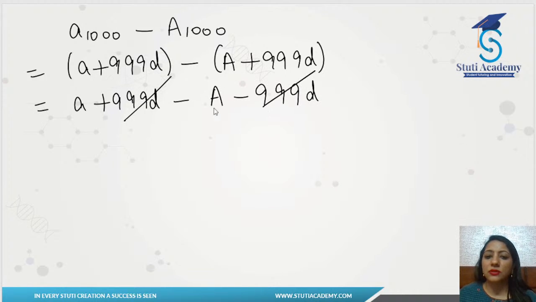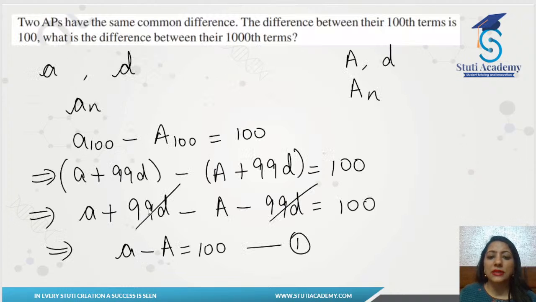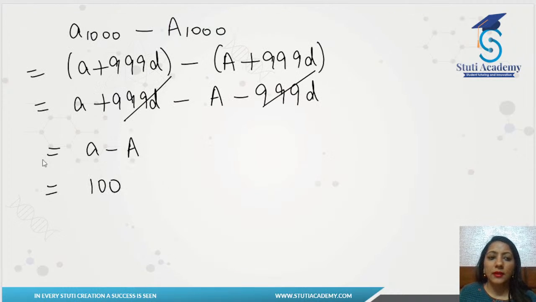We can cancel out these two and then we have a minus A. Please notice a minus A we've already taken as 100. That we have solved from the first equation. So from here we can say that the difference between the 1000th terms is 100.